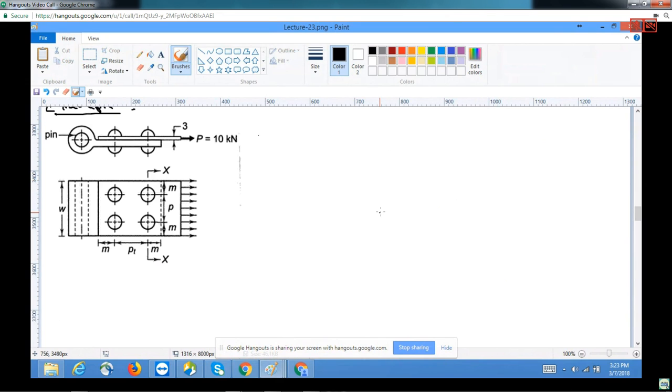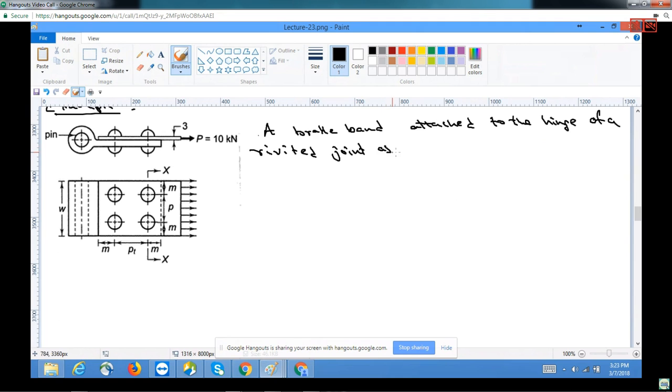So let us solve this one. Consider a brake band attached to the hinge of a riveted joint as shown in the figure.